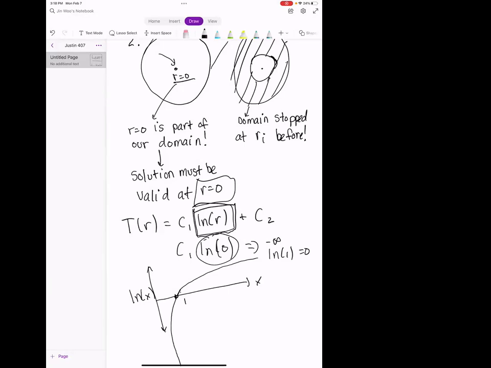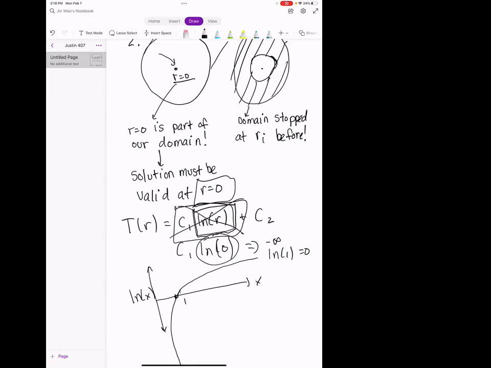And so in order for our solution to be valid, we have kind of a paradox here. We have one term here that can't be valid at r is equal to 0. And so what do we do about this? Just like all the problems in my life, we'll just pretend it doesn't exist.